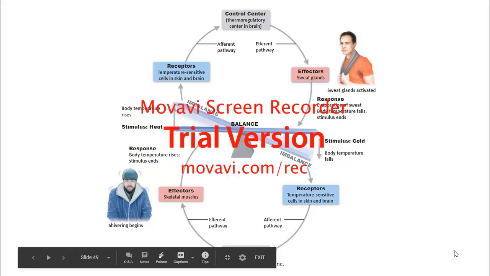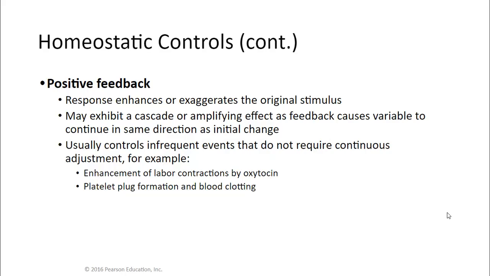One of the main examples of positive feedback is when you cut yourself and you have to stop the bleeding, with platelet plugs and blood clotting, okay. So essentially with positive feedback, you're amplifying the signal.